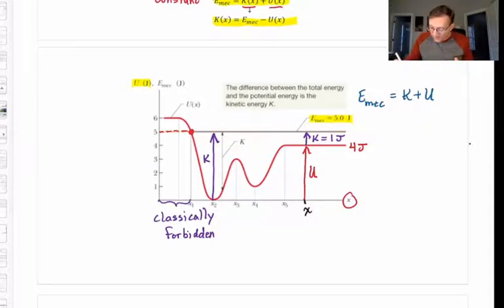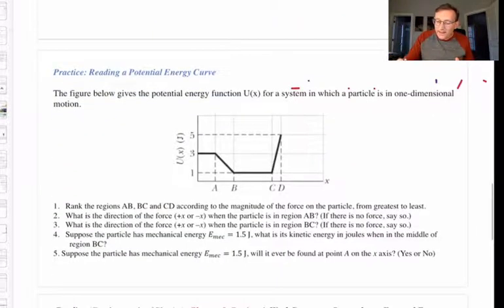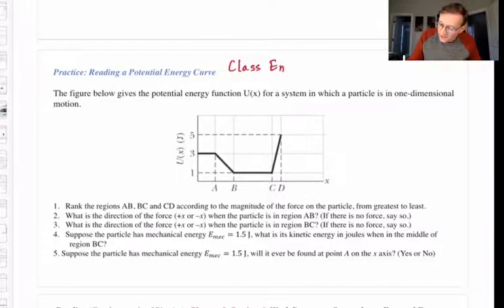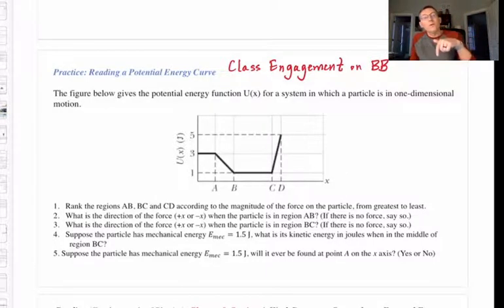But I'm going to leave you with a class engagement exercise that you will answer on Blackboard, that involves interpreting a potential energy curve. I will just read it to you, and then you will go into Blackboard for this video lecture 8.3, and you will type in your answers.